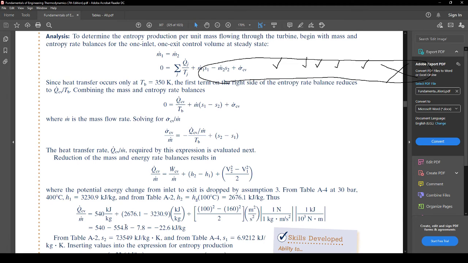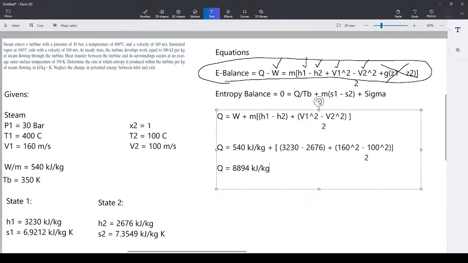Nope, I figured. So this part, what did I do wrong? Oh, that was the mistake. You had to convert this right here. Remember, this is in meters squared per second squared, and to get it to kilojoules per kilogram, you have to divide by 2,000 here for SI units.